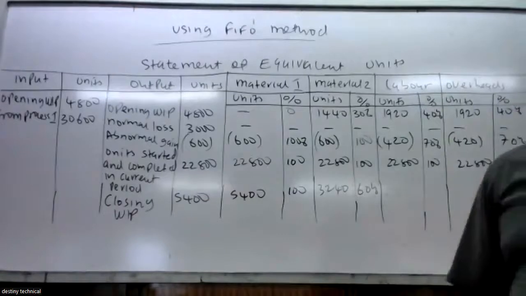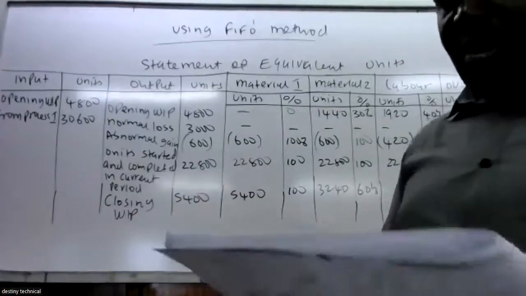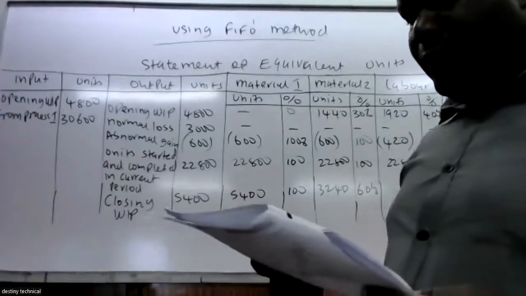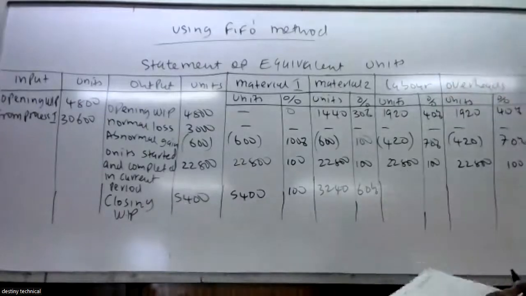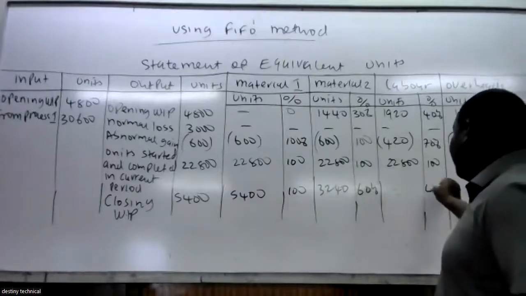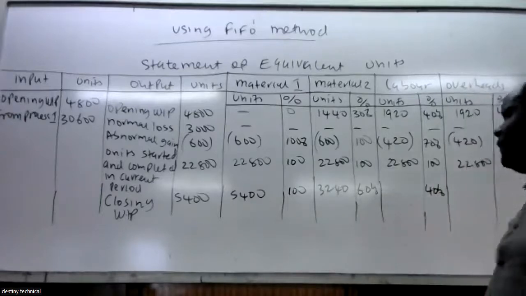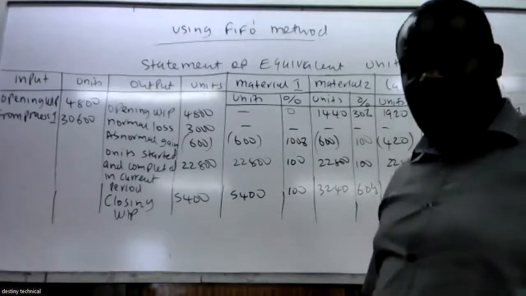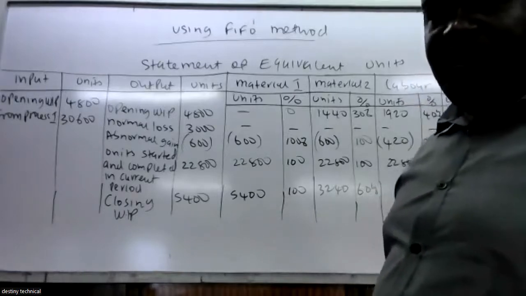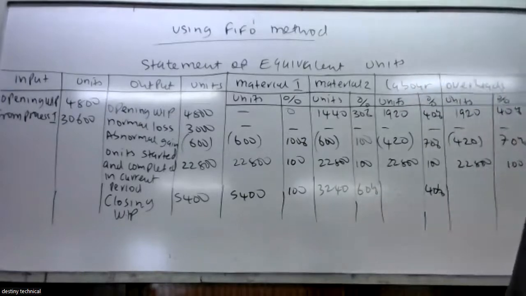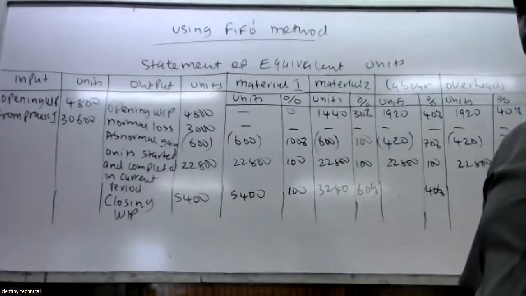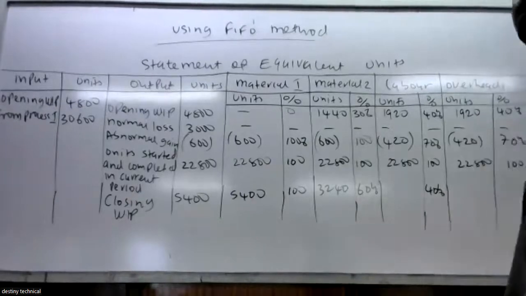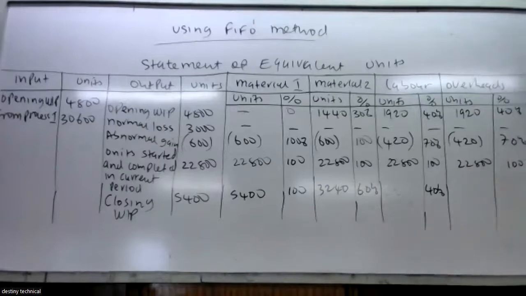Then you also check the one for labor and overheads, which are 40%. So also get 40%. What is 40% of 5,400? It is 2,160.